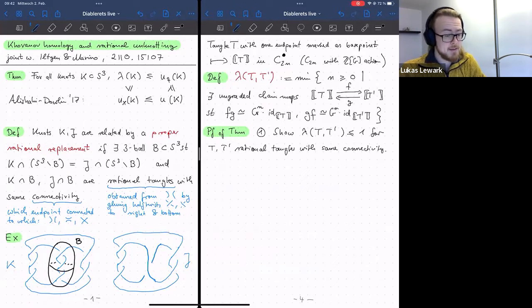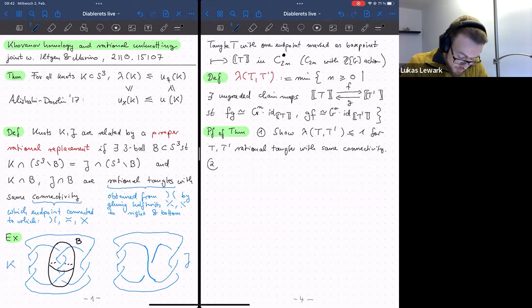So I said that lambda is a pseudometric, and it turns out on the set of rational tangles with a fixed connectivity, it's the discrete metric. So that's a quite long calculation to do. But once we've done that, that's basically it.